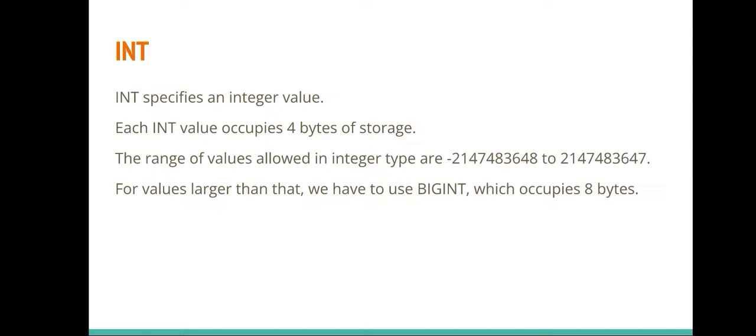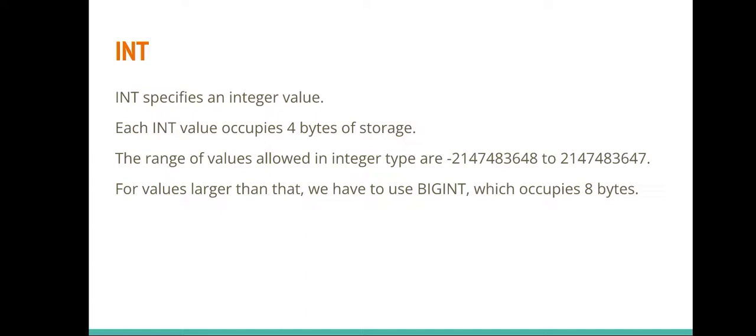The values that we can store in a variable of integer data type can be in the range from -2147483648 to +2147483647. So this is a very large range, and this is in billions.